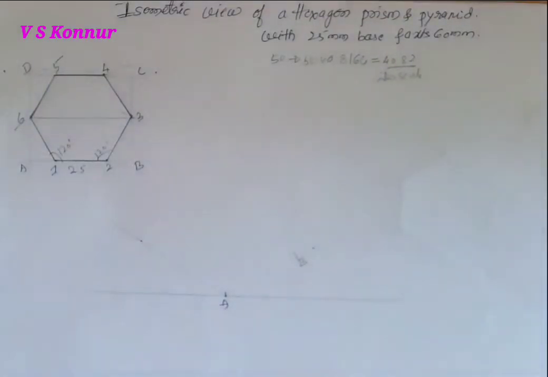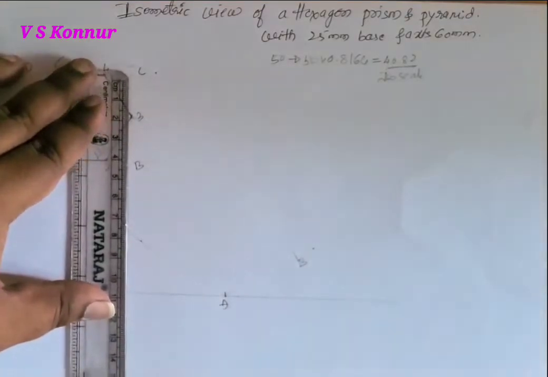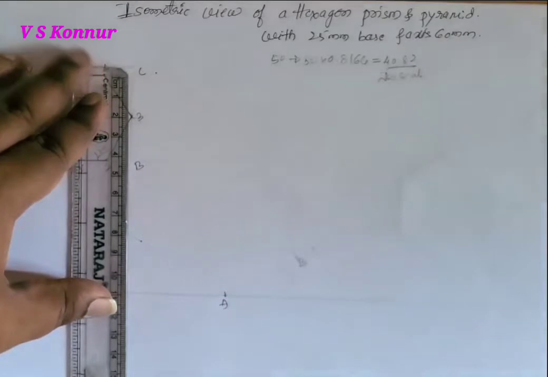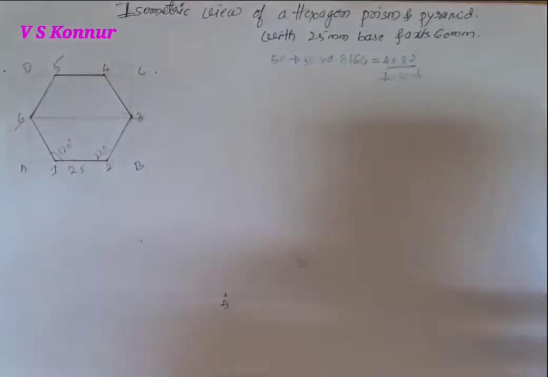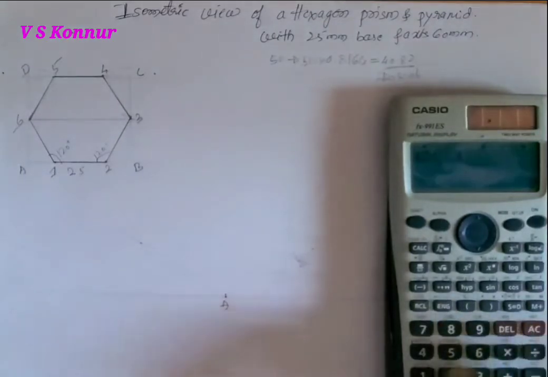And then take the distance of another side, that is B to C. It is around 42. So 42 will be converted into 42 multiplied by 0.8164.